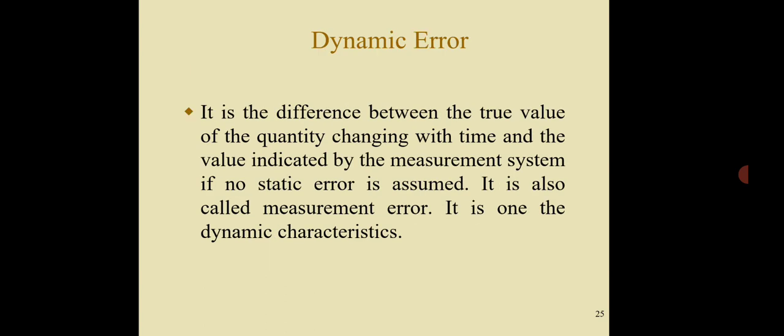Coming to dynamic error, it is the difference between the true value of the quantity changing with time and the value indicated by the measurement system if no static error is assumed. It is also called the measurement error and it is one of the dynamic characteristics. What do you mean by dynamic error? It relates to your true value, the actual value of your quantity.